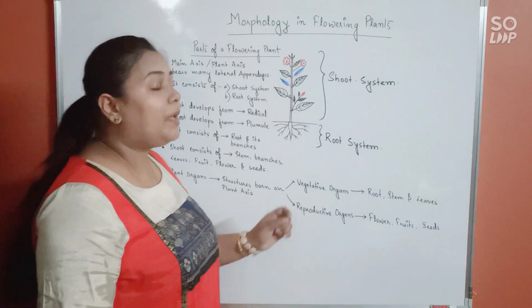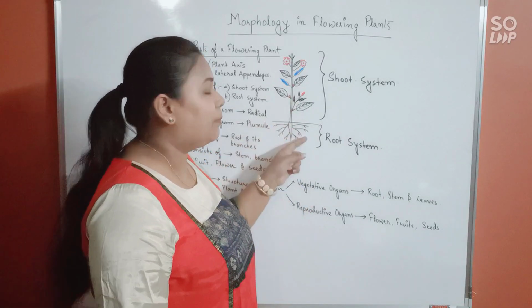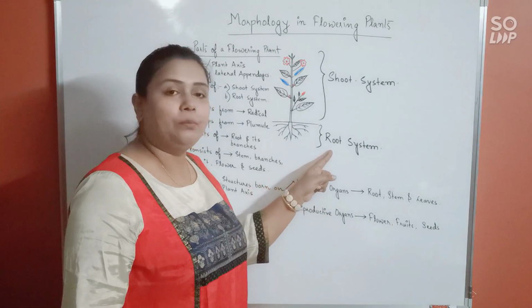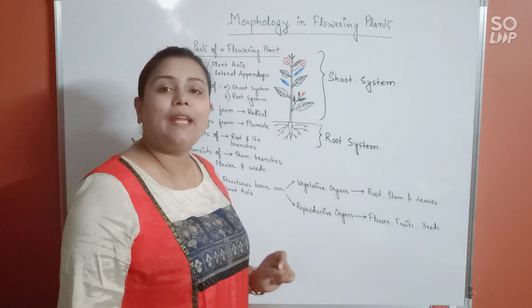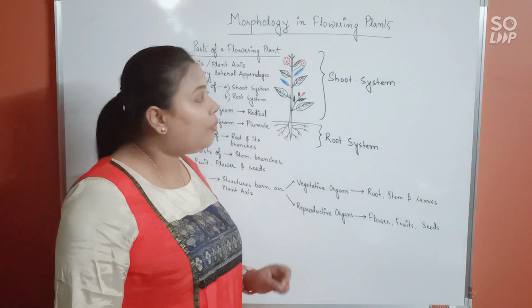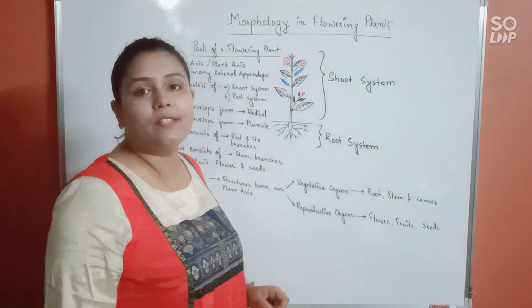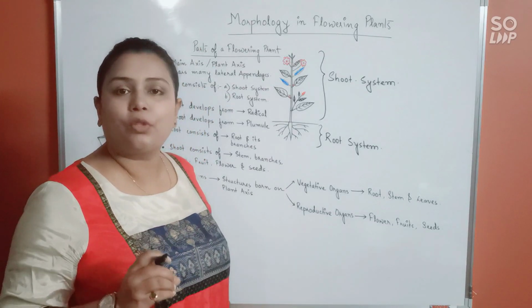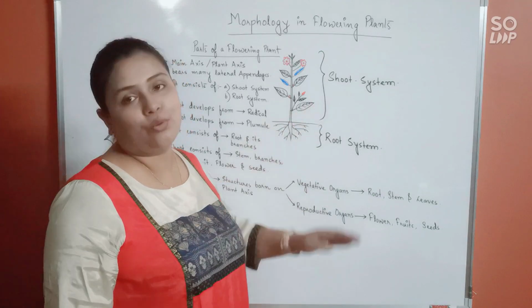Alright, the major difference between them is as per their origin itself. The root system arises from the radicle of the seed, the radicle of the embryo, whereas the shoot system arises from the plumule of the embryo. This is a very important feature of root and the shoot system.